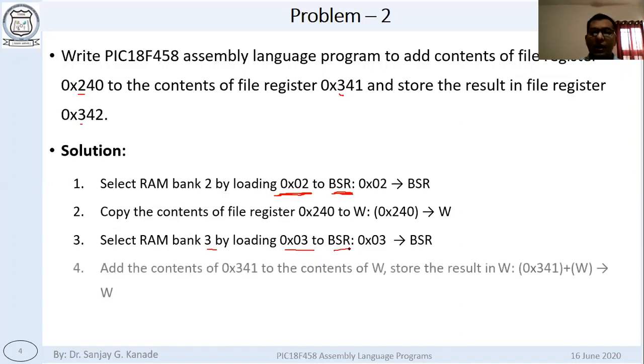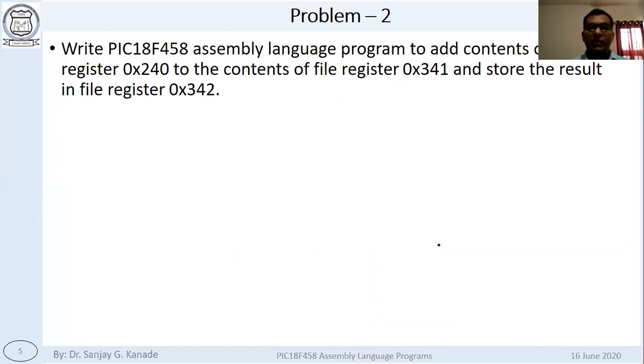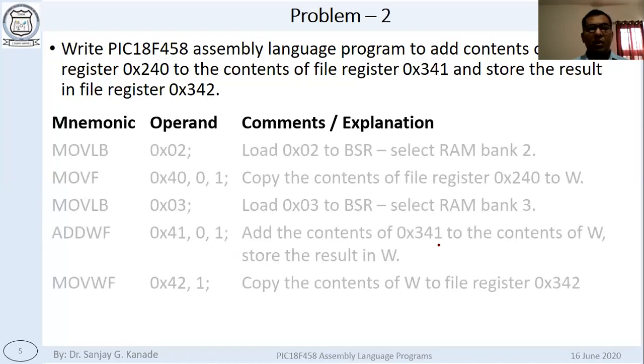And then we will use the addition instruction, again in the same manner, only the difference would be A will be 1. And then copy the contents of W to the file register. Here also we have to select bank 3, but since 3 is already loaded in BSR, we don't need to repeat that step. Okay.